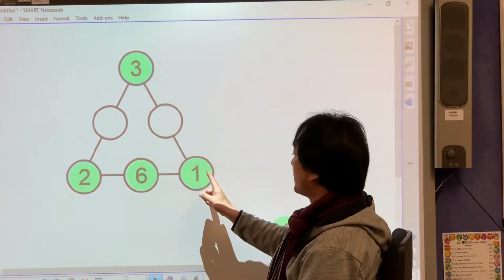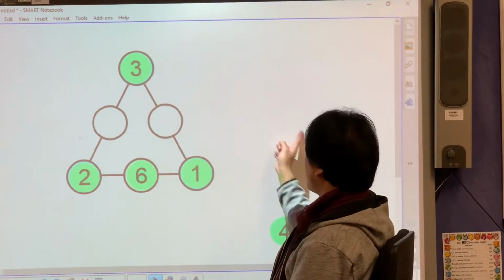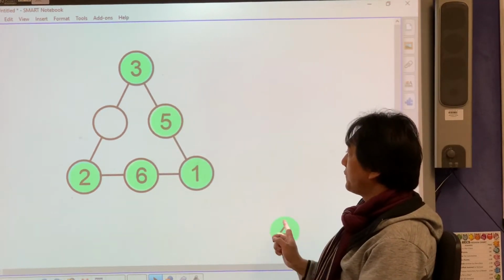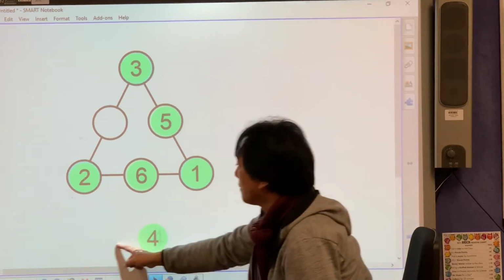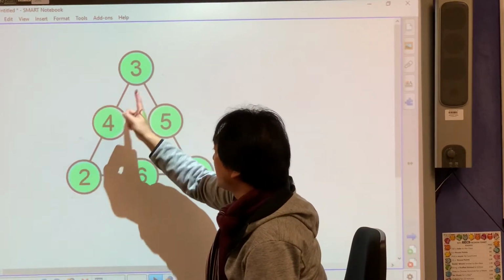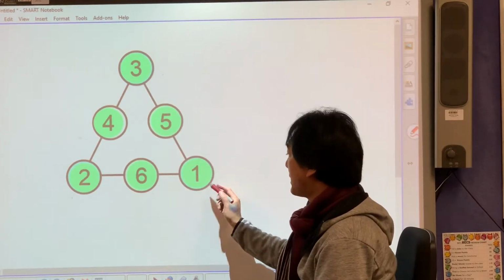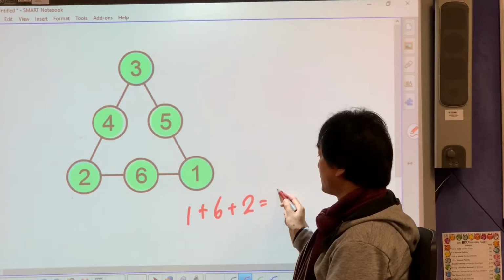3 plus 1, 3 plus 2. So this is smaller number. So I'm going to put the larger of 2, which is 5. That's 1 plus 3 plus 5 is 9. Then the last number, 3 plus 2 plus 4 is 9. So 1 plus 6 plus 2 equals 9.